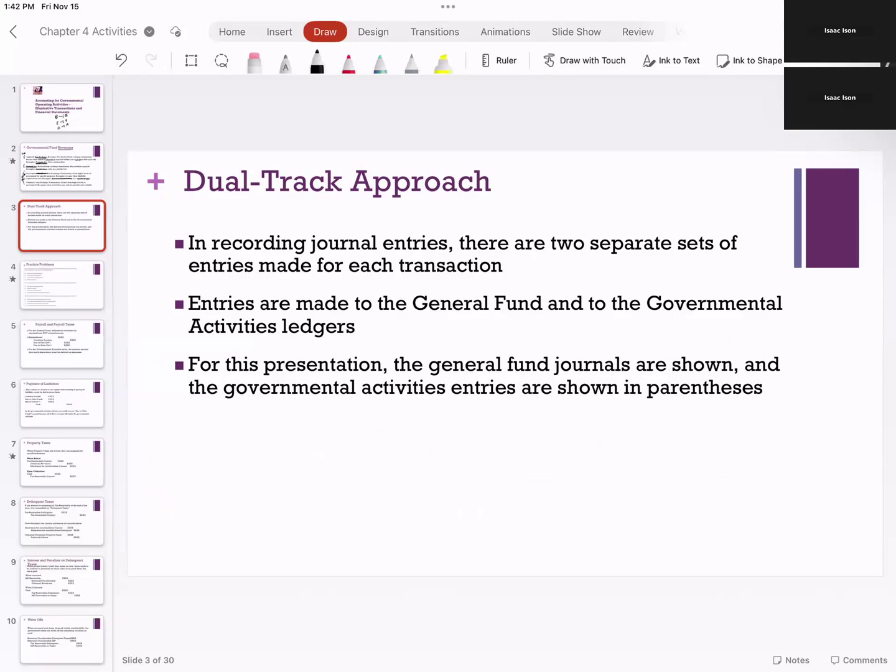Actually, I have a sheet with a whole bunch of different journal entries, and it shows the journal entries at the fund level and at the government-wide level. So, yeah, I'll probably post that too.